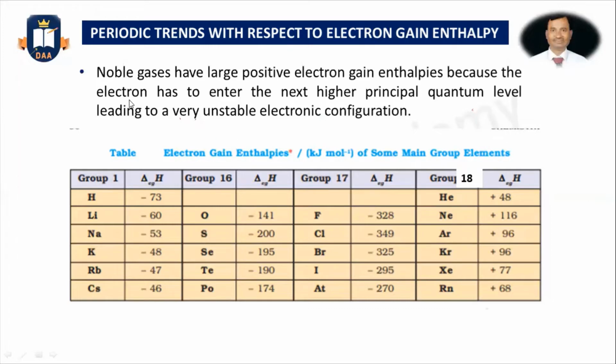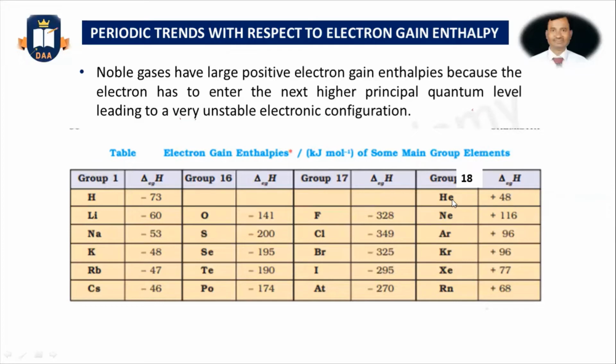And the electron has to enter the next higher principal quantum level. That means if you add one electron, it will go to the next principal quantum number level.